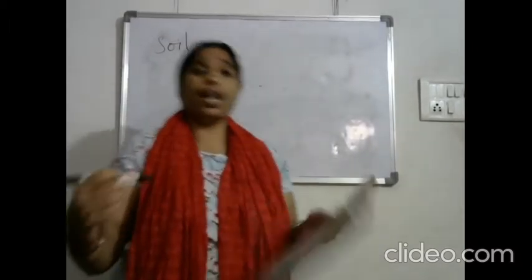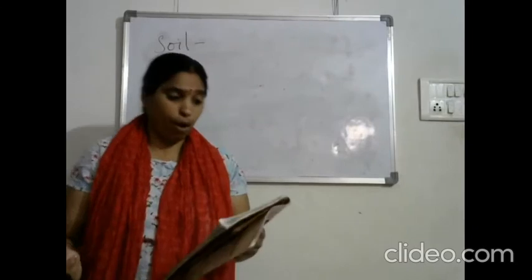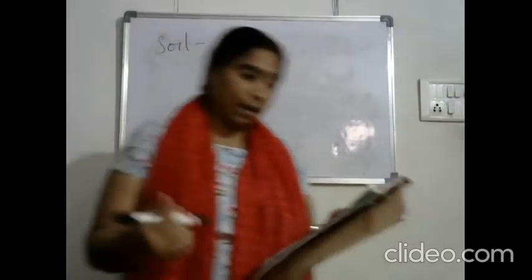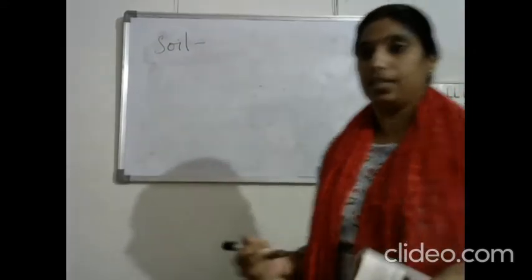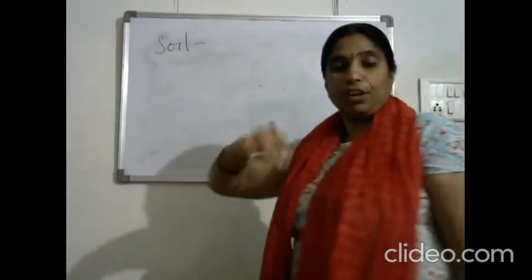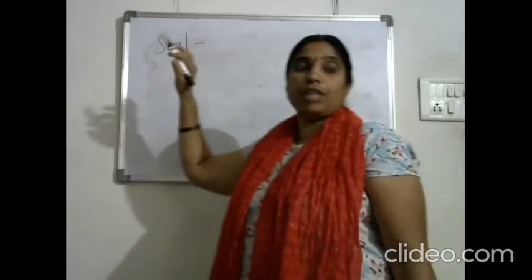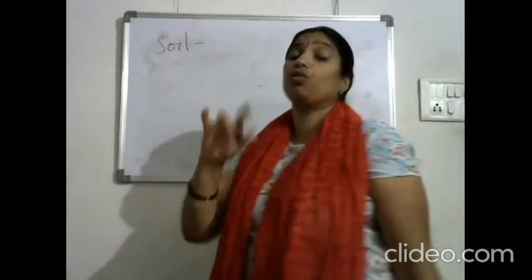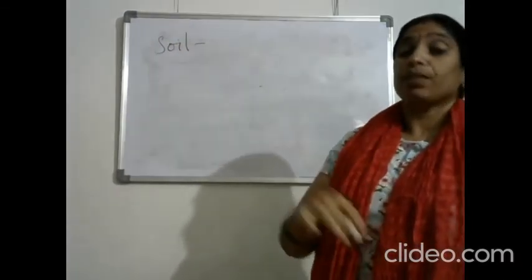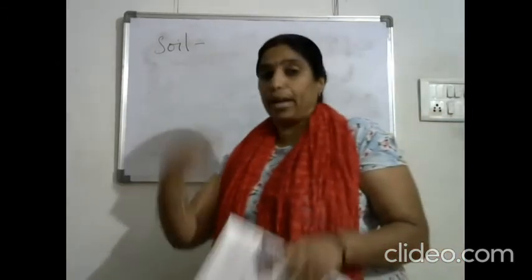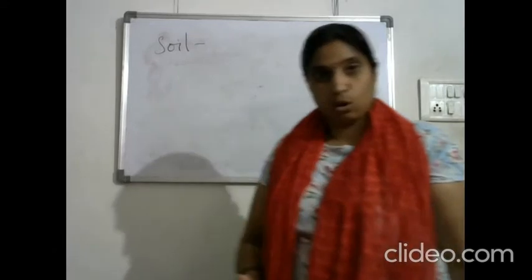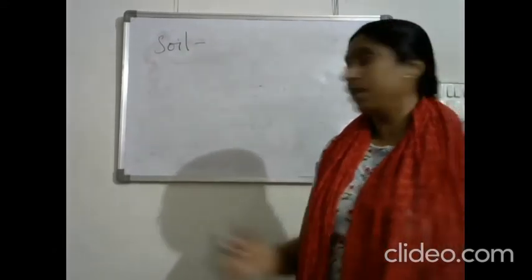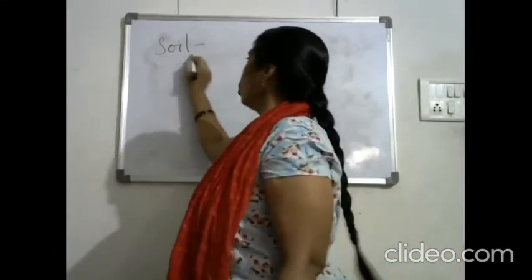Okay, and how is the soil made up? Soil is made up of organic matter, minerals, and weathered rocks found on the earth. We know that it takes thousands of years to form rock. When these rocks get broken up because of different reasons like weathering, erosion, water, rain, they form the soil.